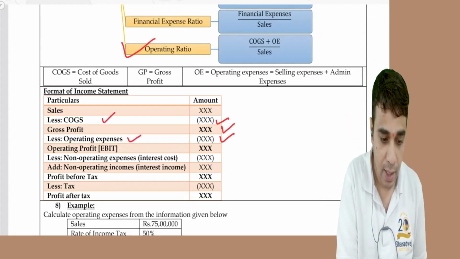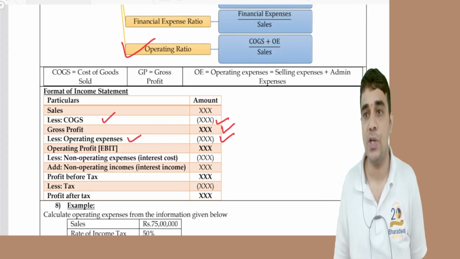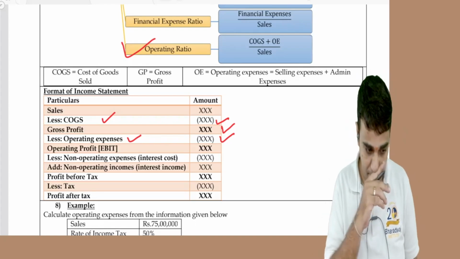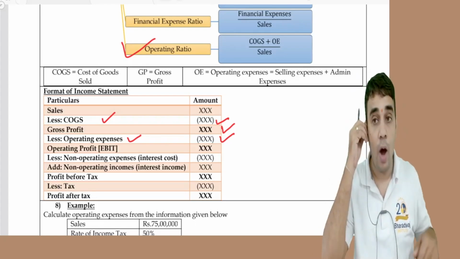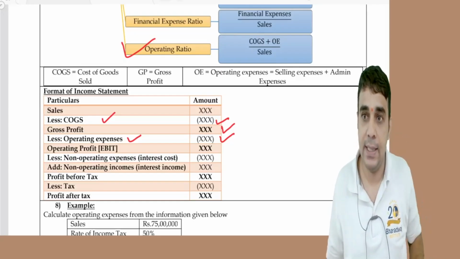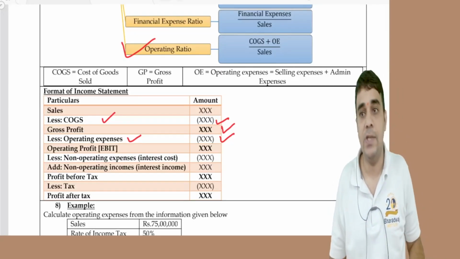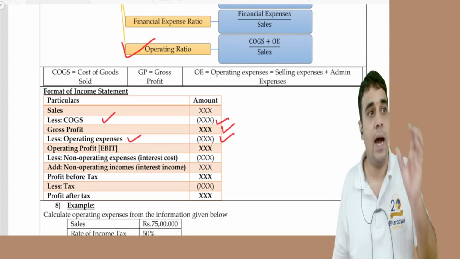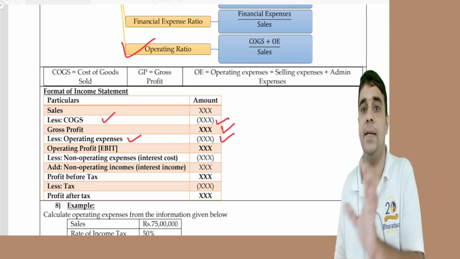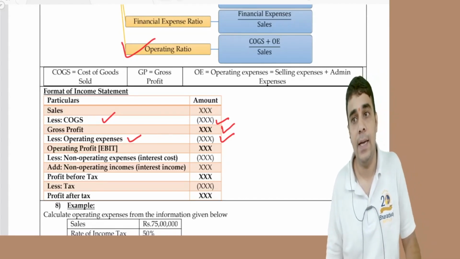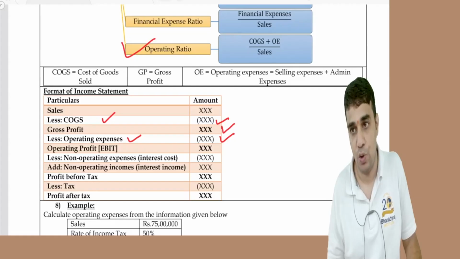COGS and OE put together is called operating ratio. In the practical world, one common place where the word operating ratio is used is railways. They'll say Indian Railways is having an operating ratio of 98. This means for 100 rupee income, 98 is the expense.